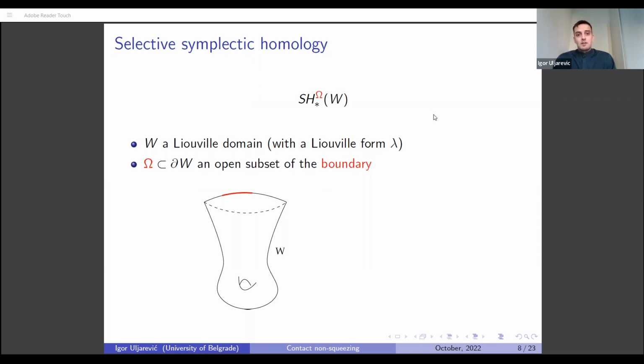Intuitively, selective symplectic homology is obtained as a direct limit of the Floer homology groups for Hamiltonians on the completion of W, whose slope tends to infinity over omega, but remains close to 0 and positive on the rest of the boundary.